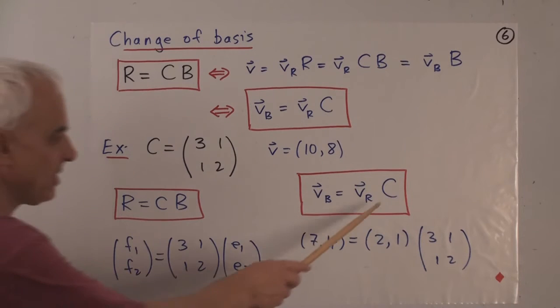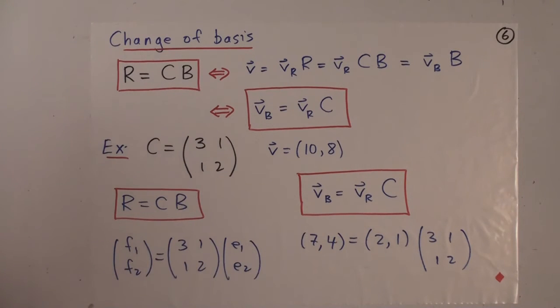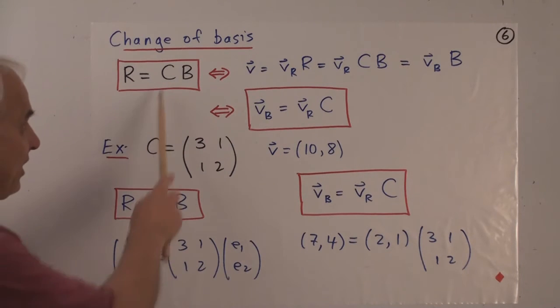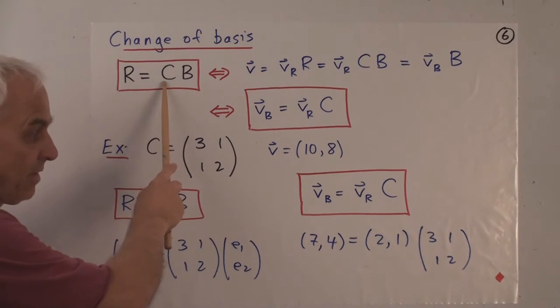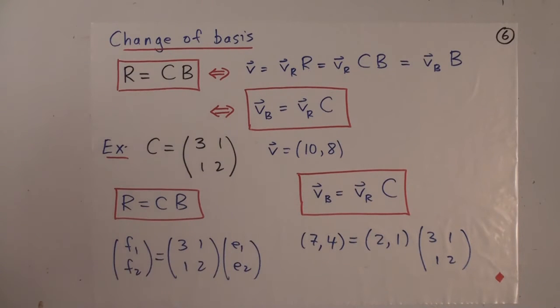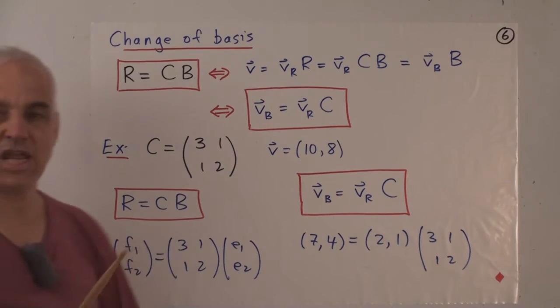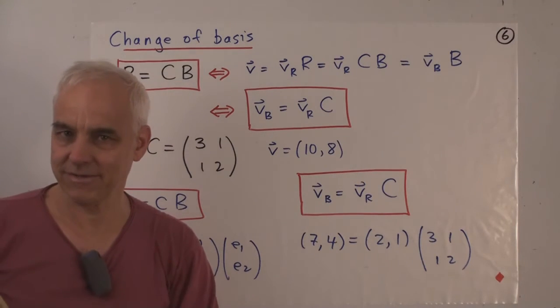So note the same C, that matrix there, is appearing in both equations, but it's appearing first on the left on this side and on the right on this side. C is our change of basis matrix.